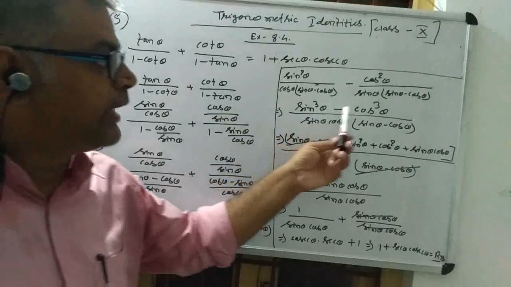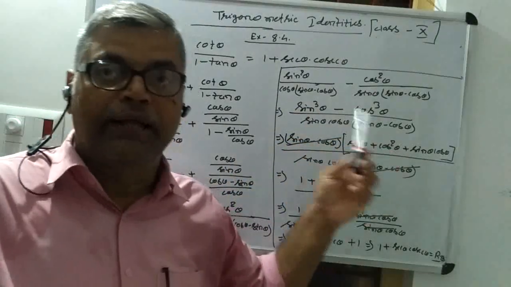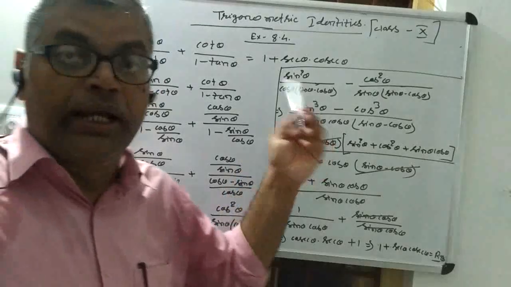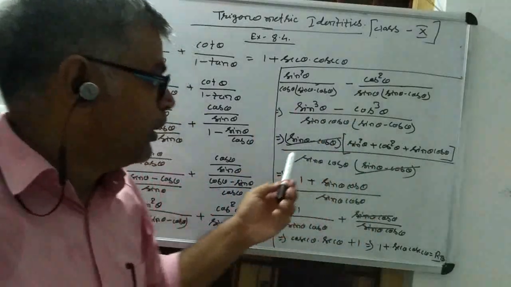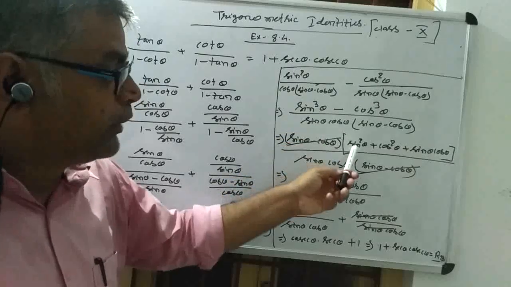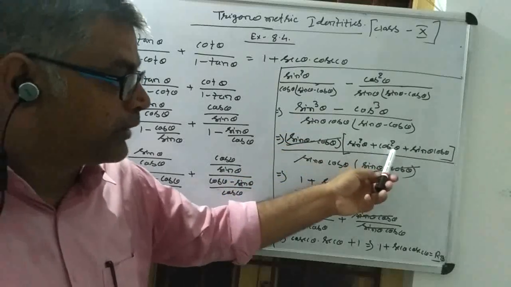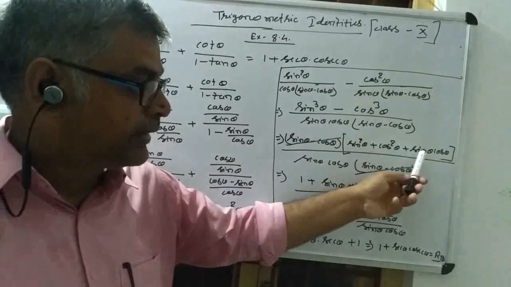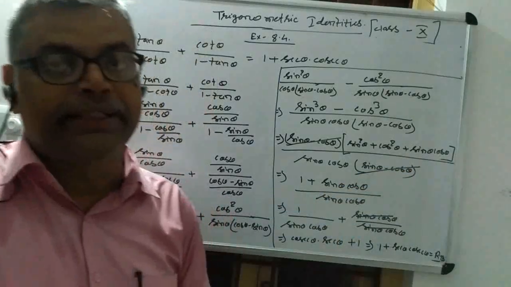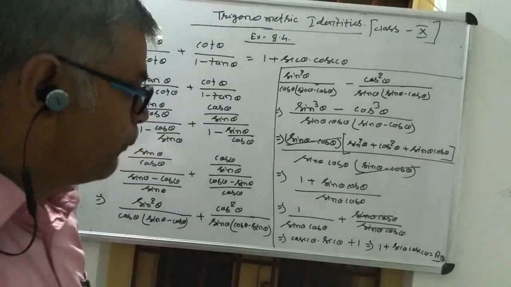Now sin cube theta minus cos cube theta can be expanded by using the algebraic identity a cube minus b cube. So sin theta minus cos theta into sin square theta plus cos square theta plus sin theta into cos theta.